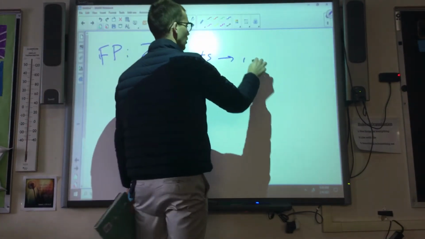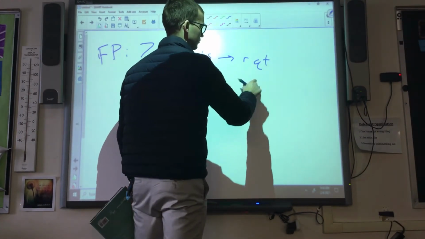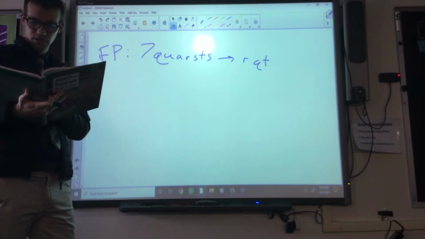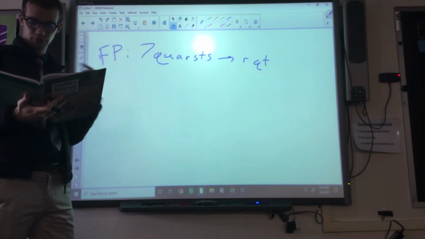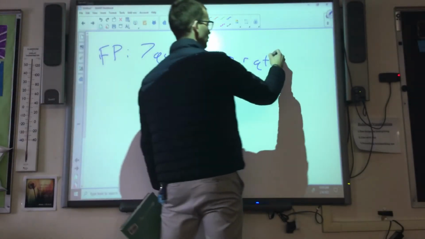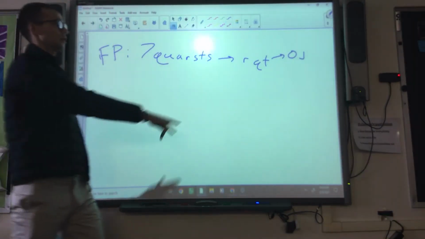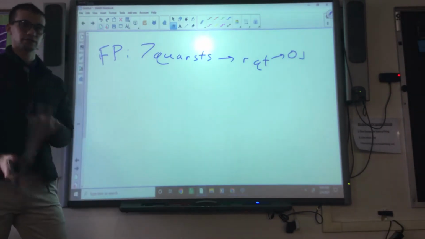QT is quarts. Made with R quarts of OJ. So there's a fruit punch and there's R quarts of OJ in the 7 quarts.